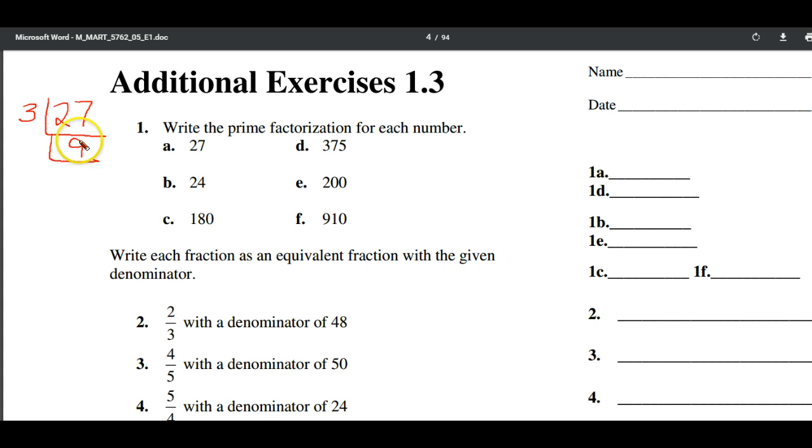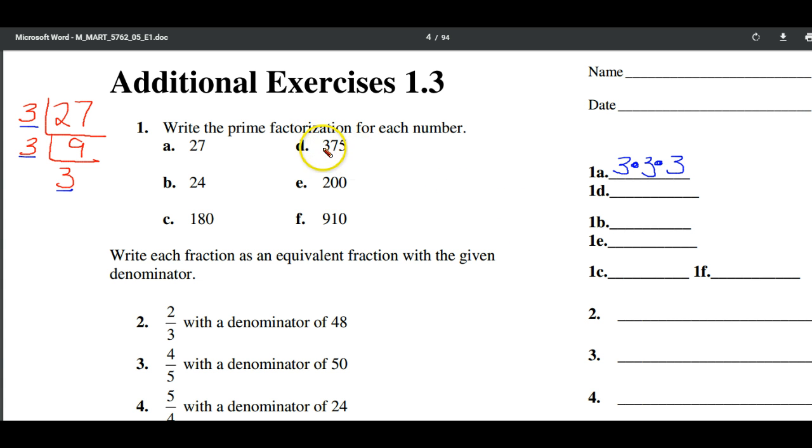And of course, the 9, you can take a 3 out. That would be 3 times 3. And what you have out here now, along the edge and at the bottom, if these are prime numbers, this is your prime factorization. So you would write this 3 times 3 times 3.